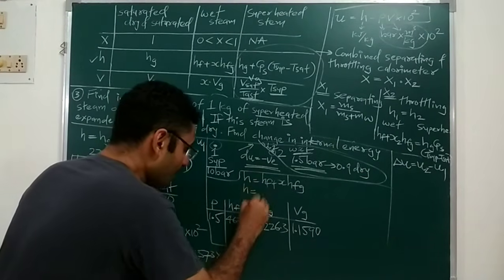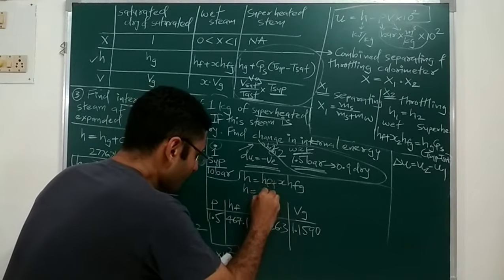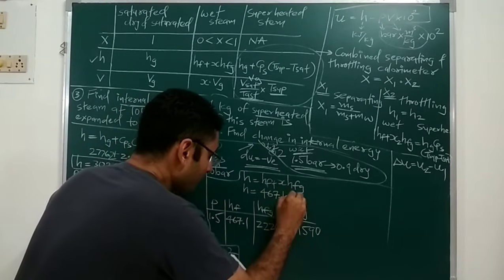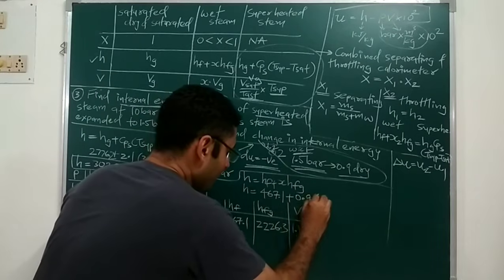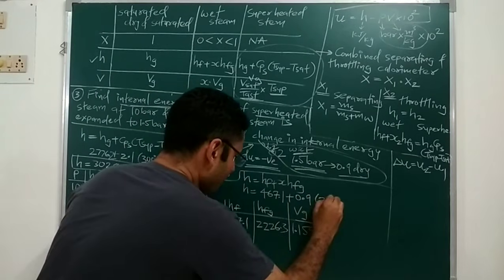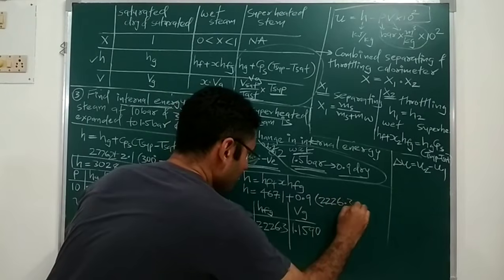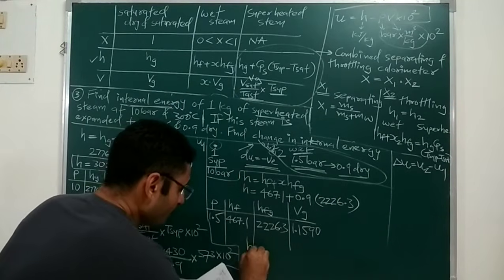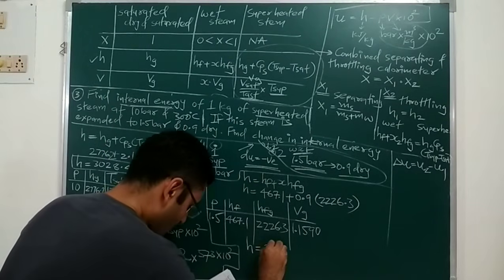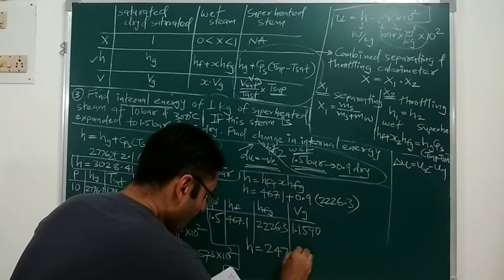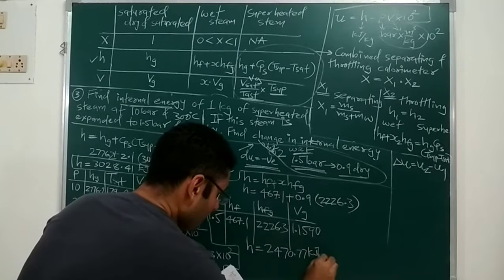So H is equal to how much? Hf is 467.1 plus the value of x, which is given as 0.9, right? And the value of Hfg is 2226.3. That's it. So the value of H for wet steam is 2470.77 kilojoule per kg.